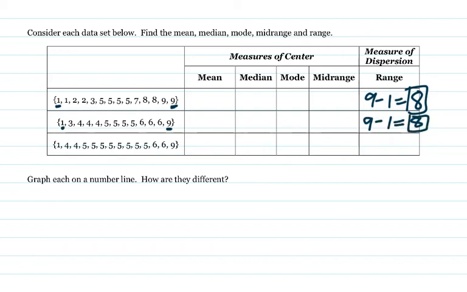And then look at this one. The highest value is 9, the lowest value is 1. This is equal to 8. So now I'm going to pause and I'm going to fill in the mean, median, mode, and mid-range. I'm also going to set up these number lines below, and then we're going to compare these three sets that have the same ranges. We want to see, are their measures of center the same?